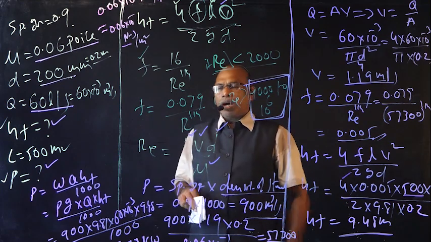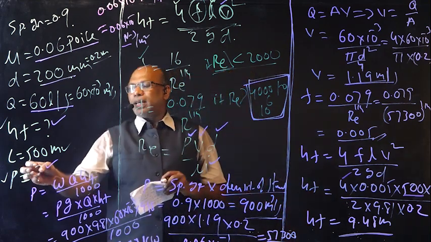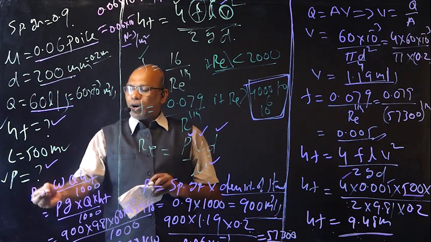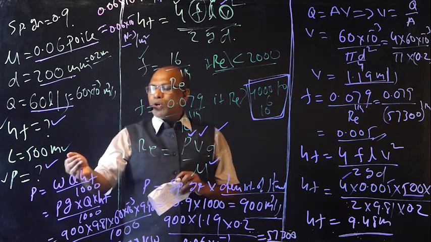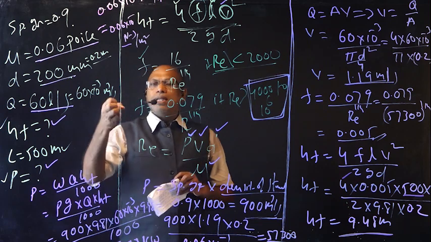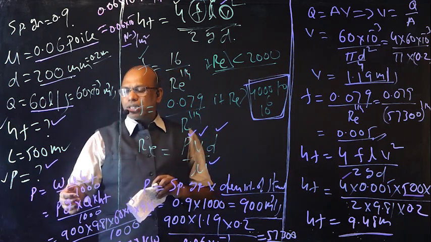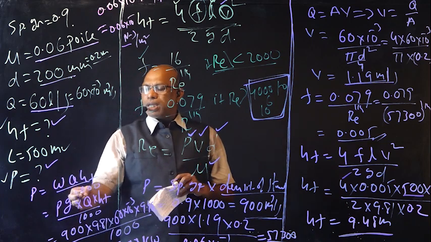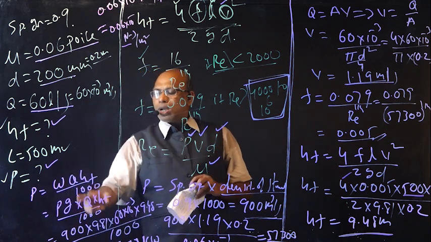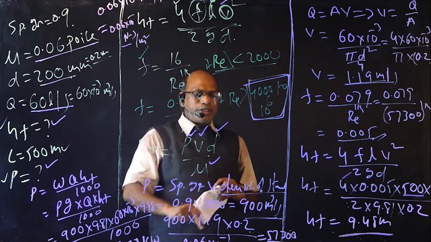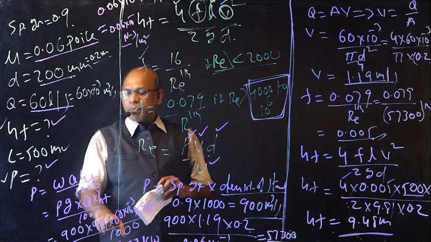One more question they have asked, what is the power required to maintain this flow. Power is equal to, we know one standard formula, WQHF divided by 1000, that is in kilowatts. W is nothing but rho, mass density, into g, acceleration due to gravity, so rho into g into Q into HF. Rho, already we have determined here, 900, into g is equal to 9.81.